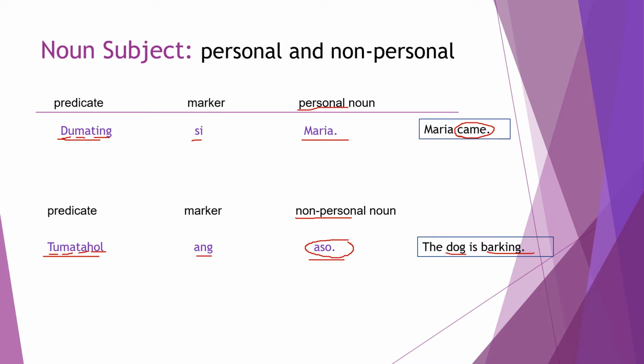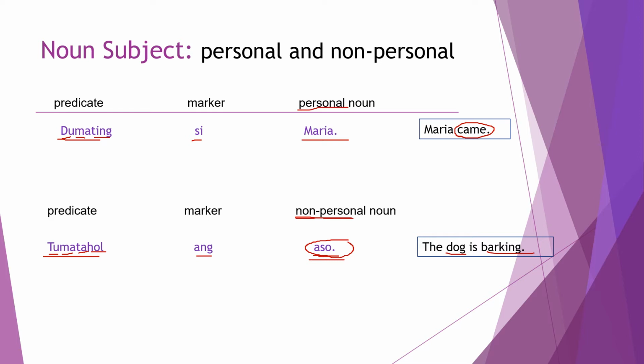So it belongs to a non-personal noun because we did not say the particular or specific name of that dog, and this is a common noun, right? So that's why we have here an example of a non-personal noun.